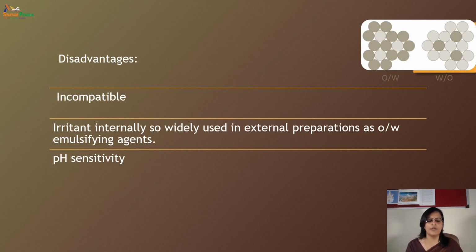What is the disadvantage of using this type of emulsifying agent? They are incompatible, irritant internally, and so widely used in external preparations as oil in water emulsifying agents, and pH sensitive.